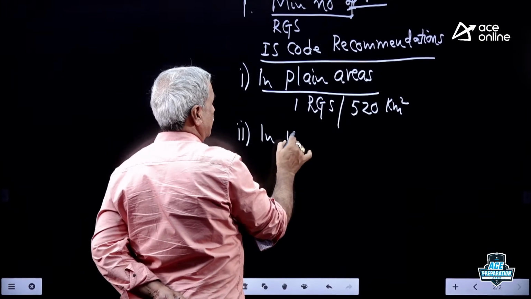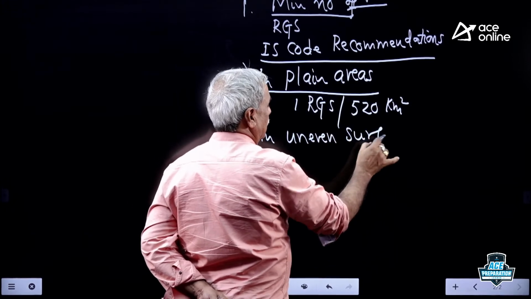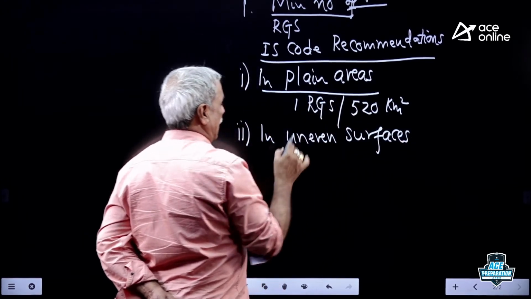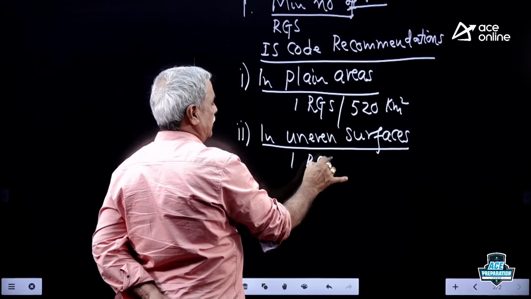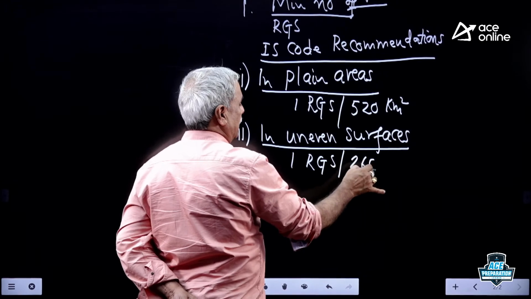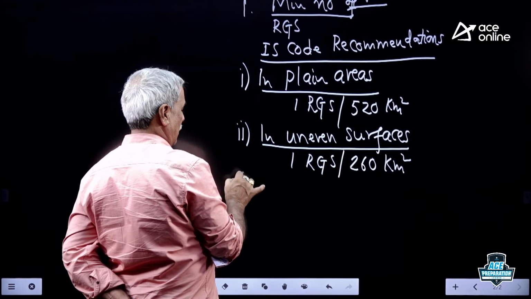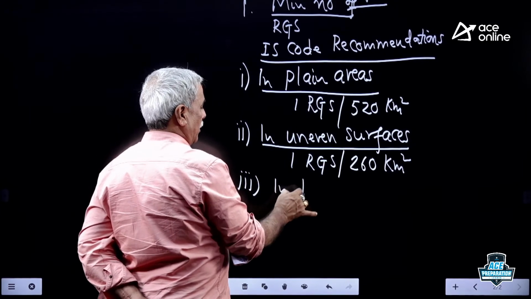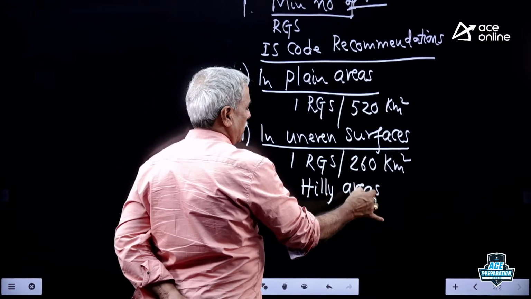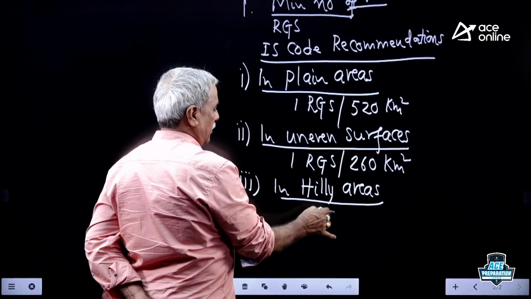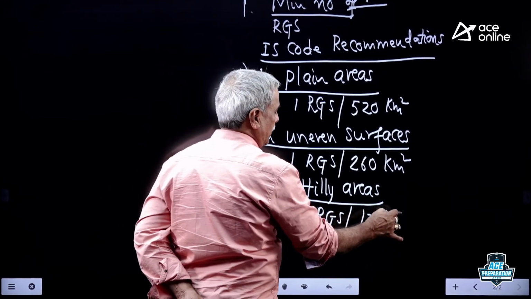In uneven surfaces, slightly elevated places, one rain gauge station for every 260 square kilometers. In hilly areas, one rain gauge station for every 130 square kilometers.